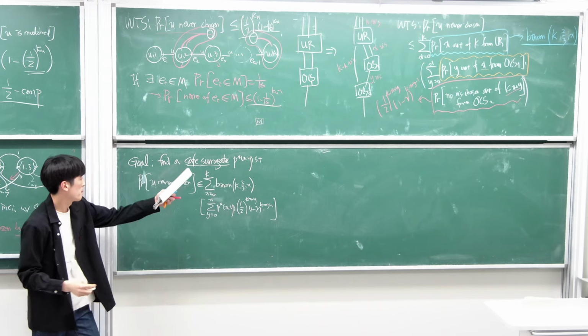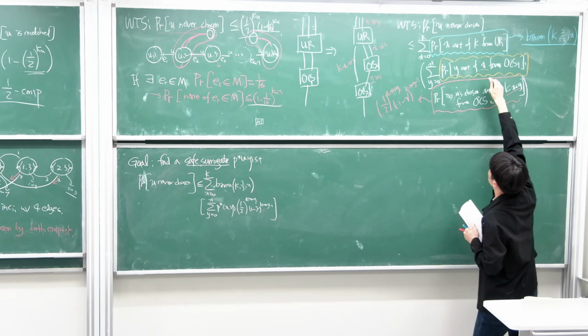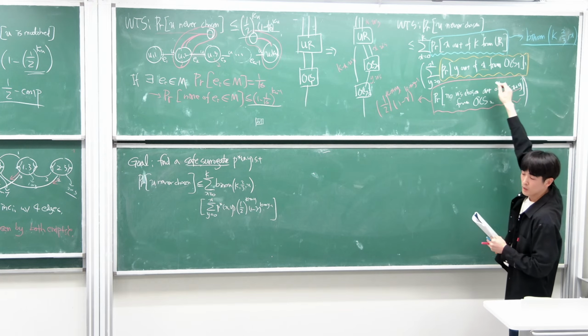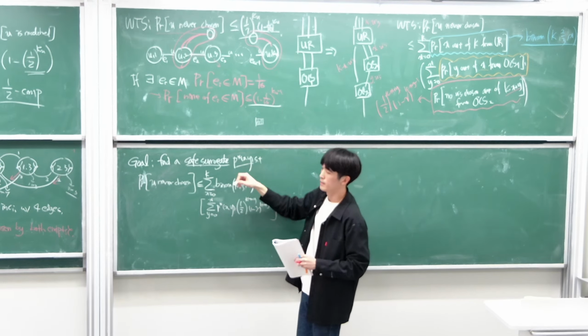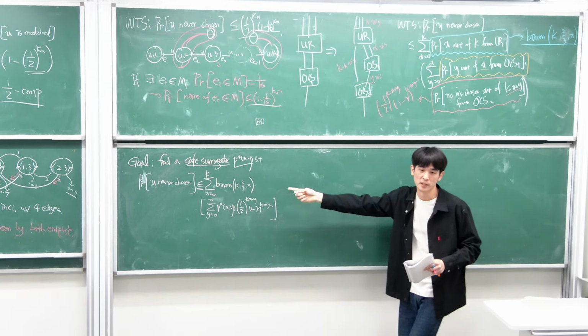What I mean by a safe surrogate here is that it is bounded from above. We simply want to replace this part with this P star xy safely. Safely means it still gives an upper bound of that probability.